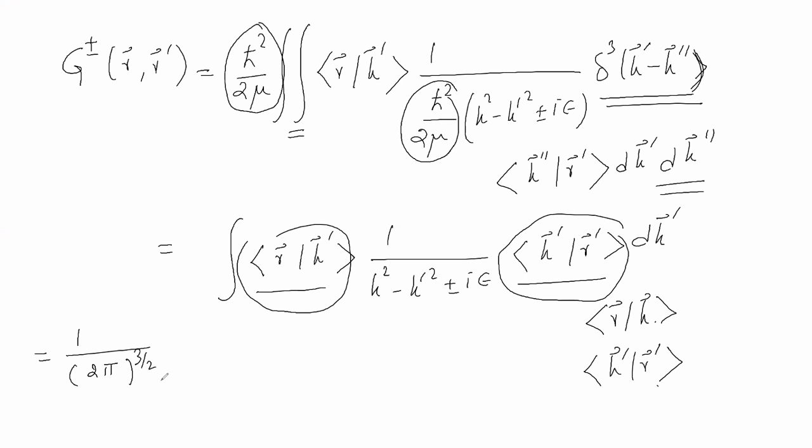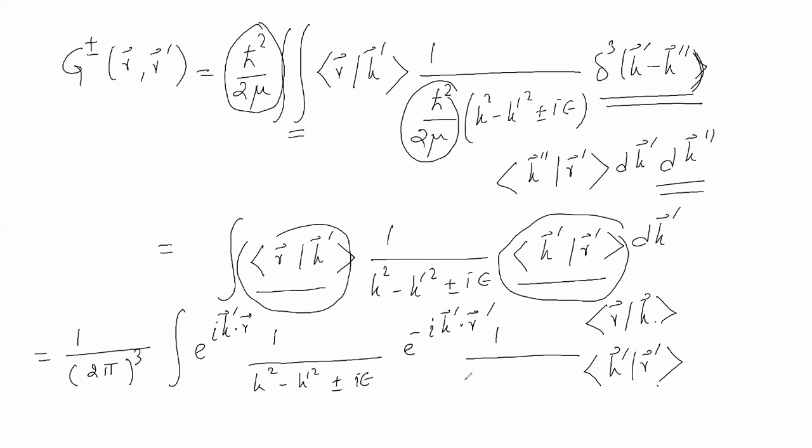You will have 2 pi to the power 3 by 2, e to the power i K prime dot r, 1 over K square minus K prime square plus minus i epsilon, e to the power minus i K prime dot r prime, 1 over K square minus K prime square plus minus i epsilon.